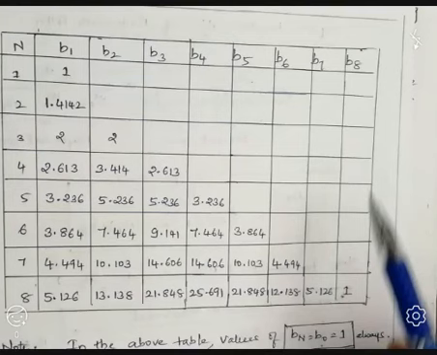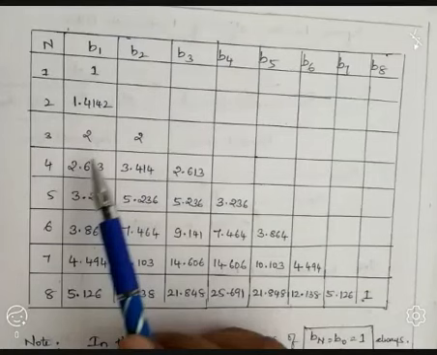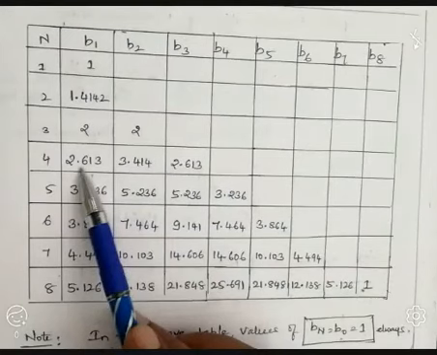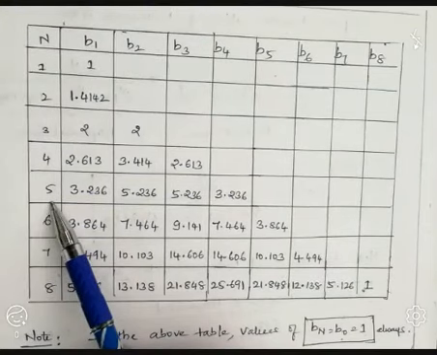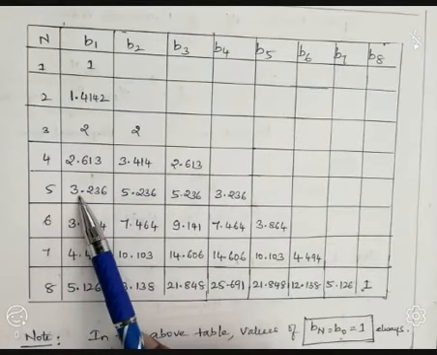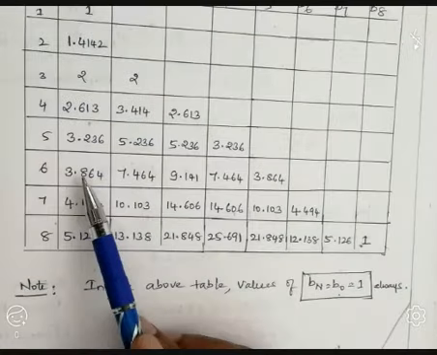And very simple here. See, observe the values. 2.613. And this is equal to what? b1 equal to b3. Next, if the order of the filter is 5, then b1 equal to b4, and these two are same. Next, coming to n equal to 6, 3.864 is equal to the previous value.